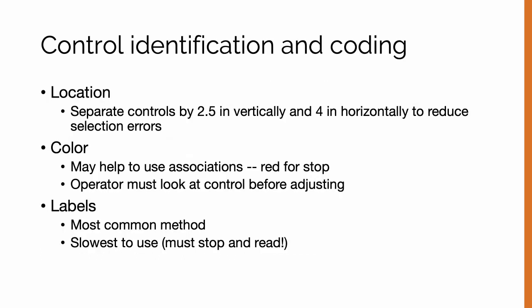It's important to figure out how to help people identify both what the control is, what it's for, and also how it works. And we call that kind of thing coding. So coding, C-O-D-I-N-G, can be done by location. That is, we can separate our controls by 2.5 inches vertically and 4 inches horizontally so that selection errors don't occur.